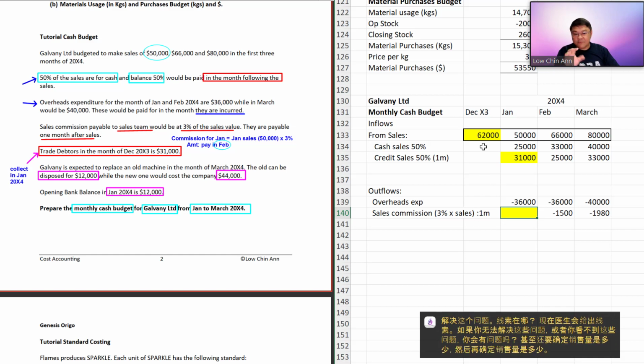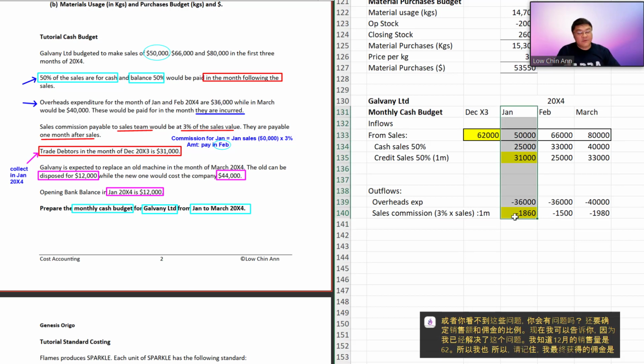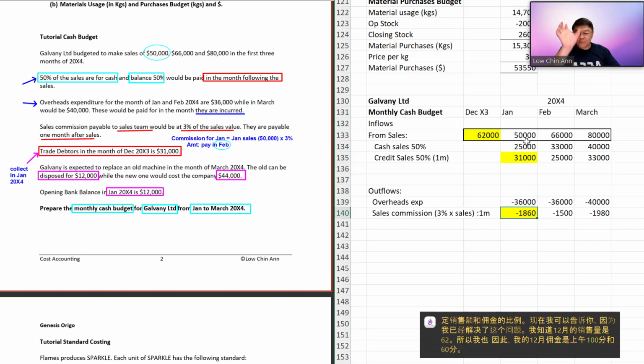Now I can tell you, because I have solved the problem, I know that the sales for December is 62. So I also know that as a result, my commission for December is 1,860, and I will pay in the month of January. So that's all I need to know. Put them in the right column.